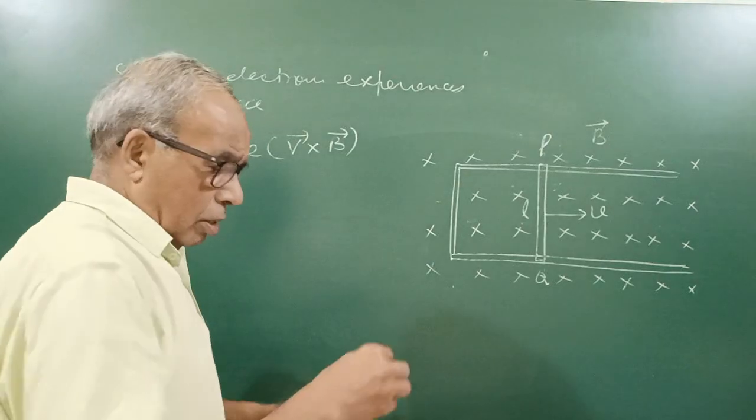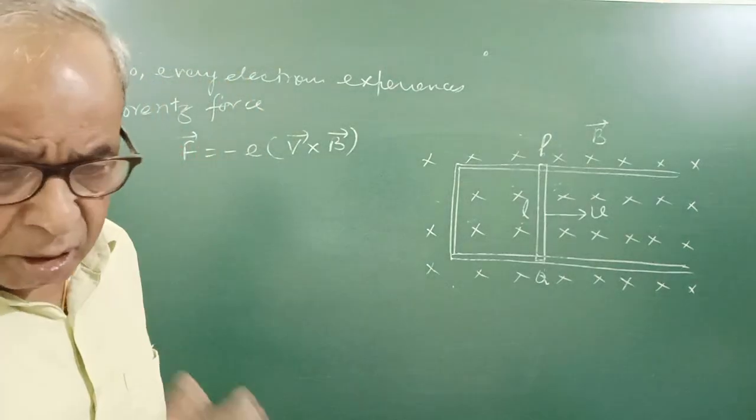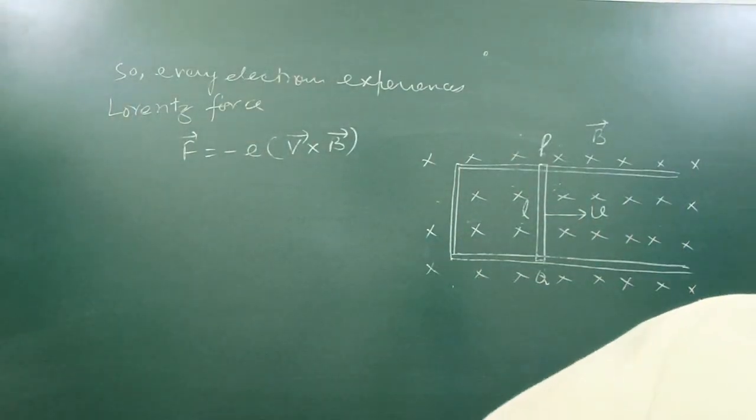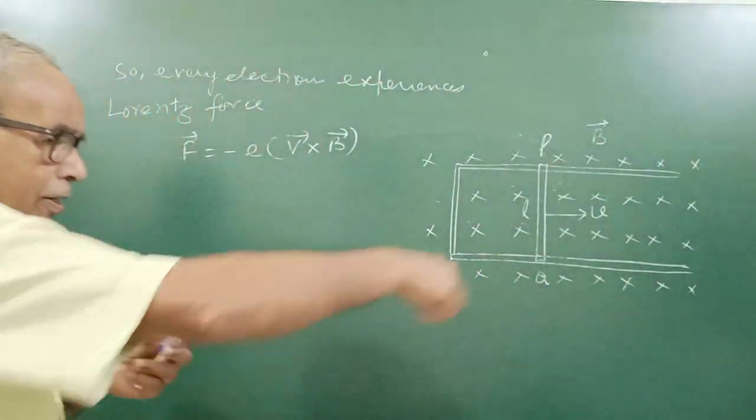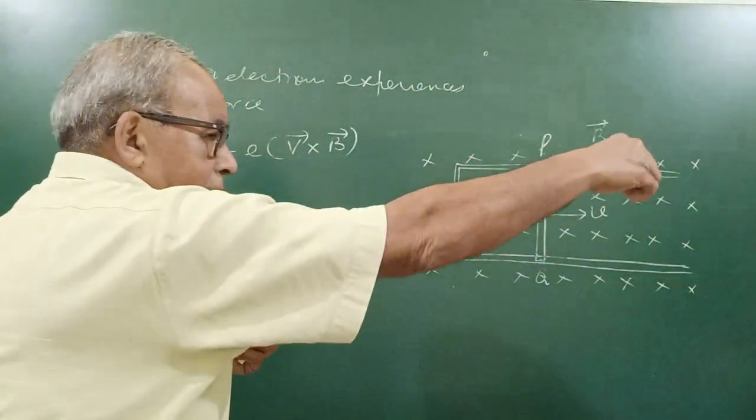The rod PQ is moving this way, every electron moving this way.